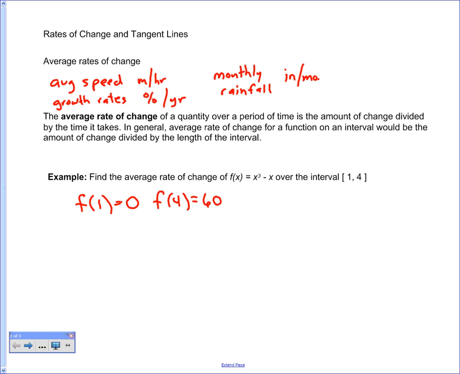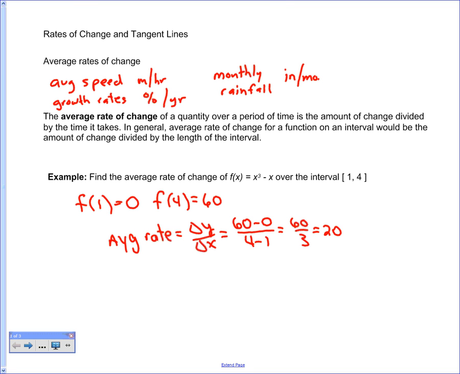So the average rate is the change in y over the change in x. In this case, the y, 60 minus 0, and the change in x, 4 minus 1. So we have 60 over 3. The average rate of this function is 20.